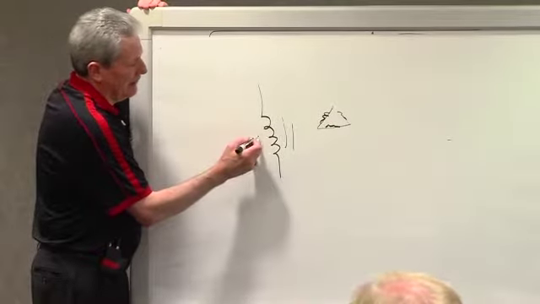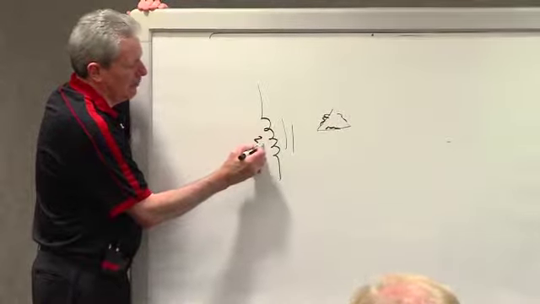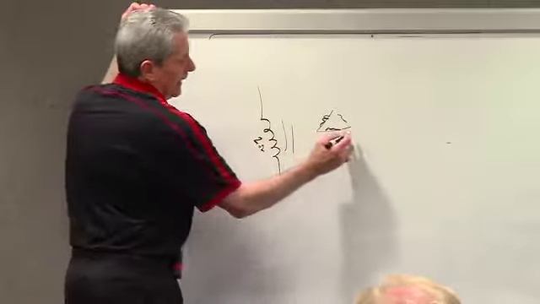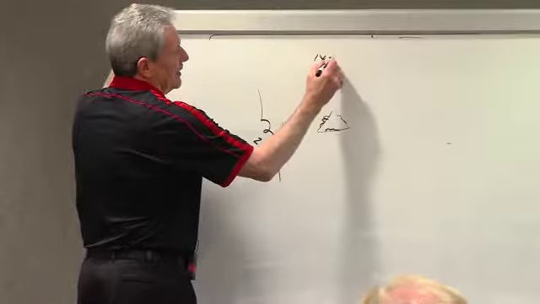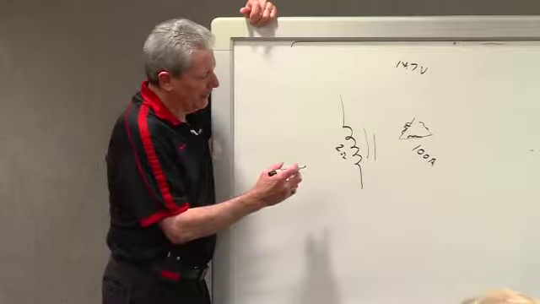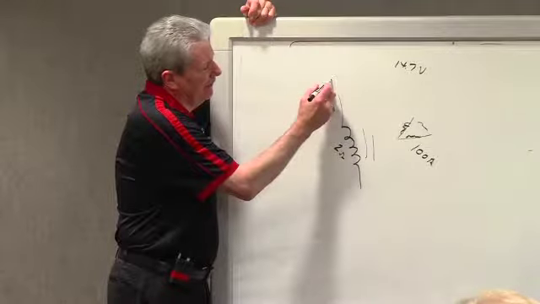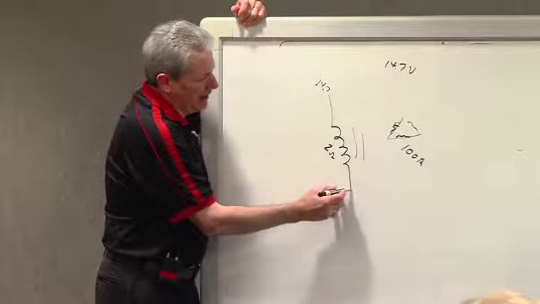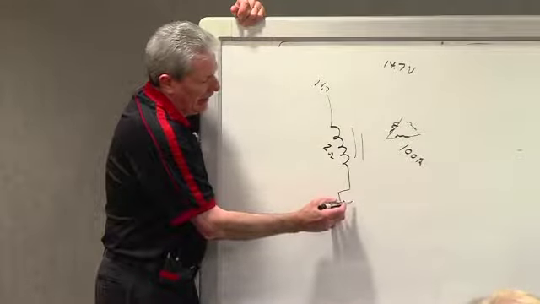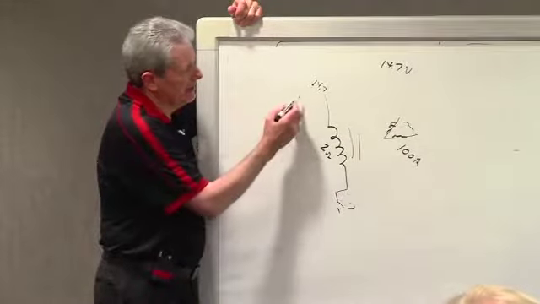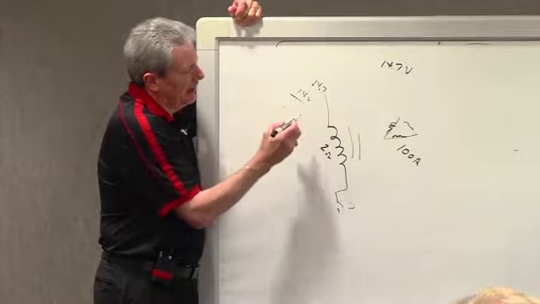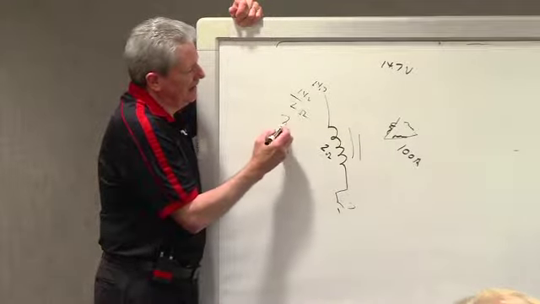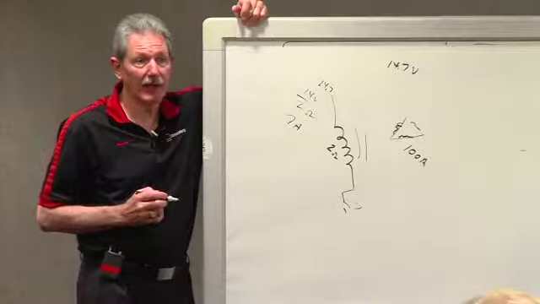Let's say that this is a 2 ohm load, and this is 14.7 volts. Let's say we have 100 amps output at 14.7. Let's say my switch down here has 0.7 because it makes the math easy. So I got 14 volts across 2 ohms. That gives 7 amps, right?